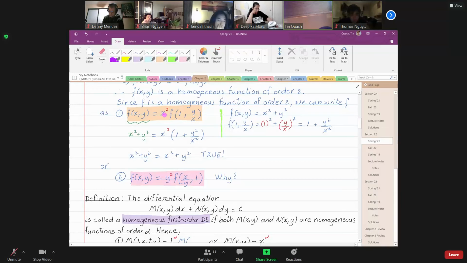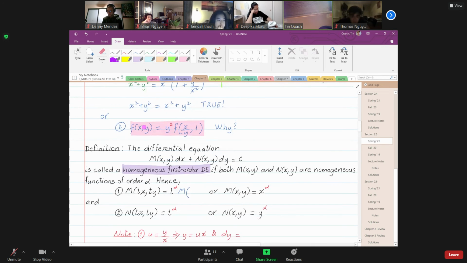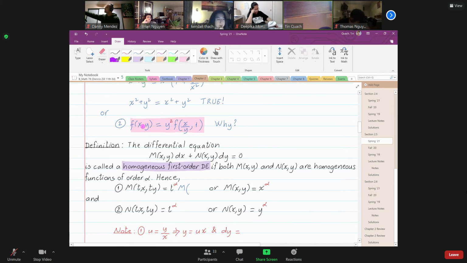You factor out the x to that order, then you divide this one by x, you get 1, and you divide this one by x, you get y over x. Same thing here, it's a homogeneous function of order 2. If you factor out y squared, then you divide this one by y, you get that, and divide this one by y, you get 1.